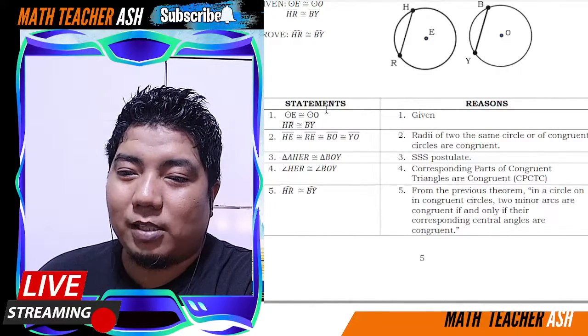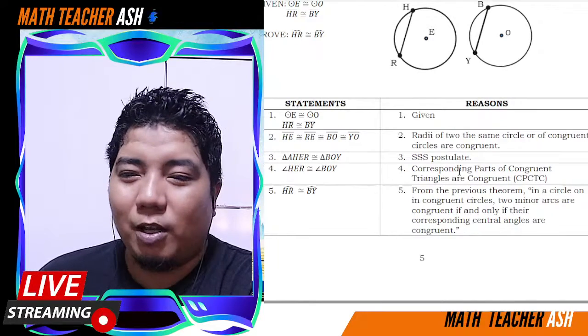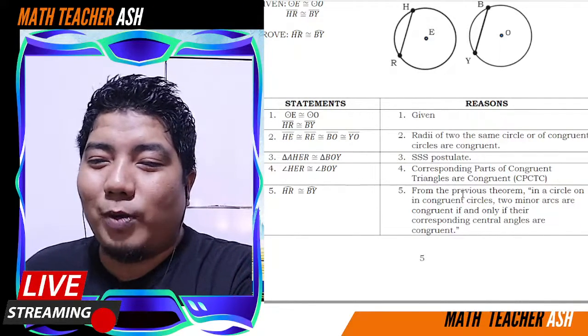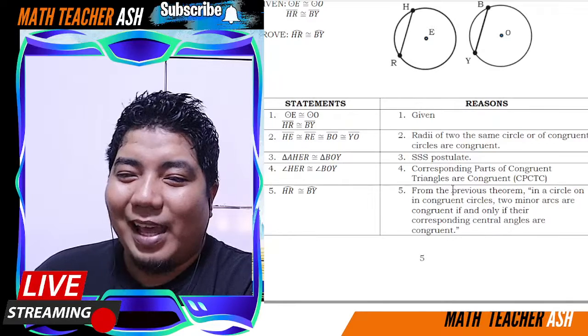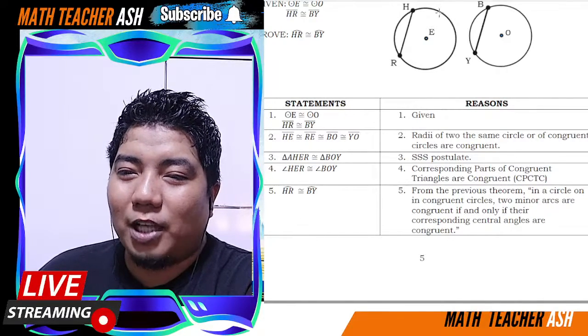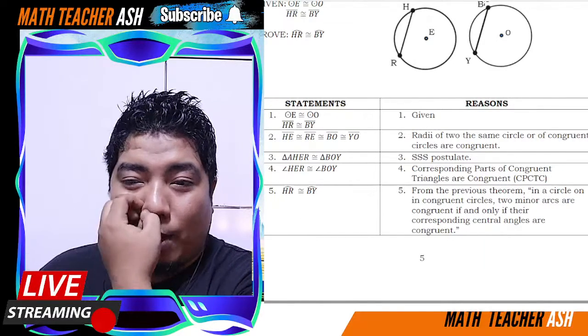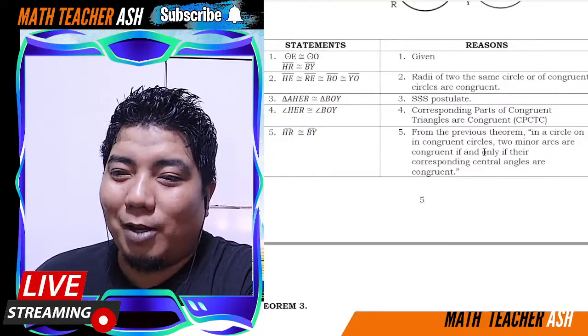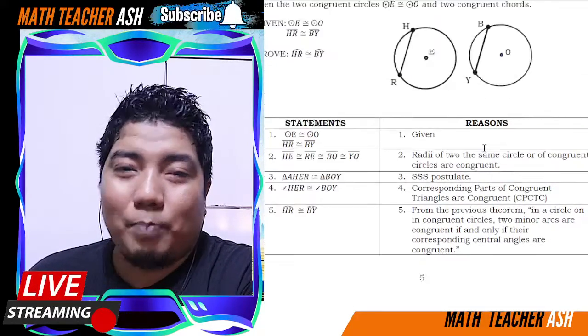So that is considered by the CPCTC, or the corresponding parts of congruent triangles are congruent. Okay, then of course, by that definition, HR and BY now is congruent. So, ganun. So, you have already proved the given.